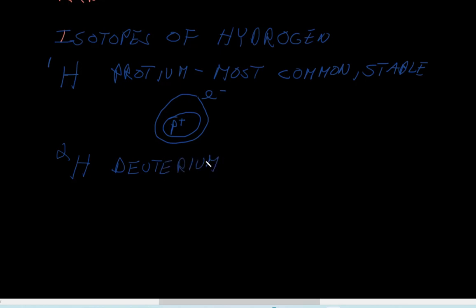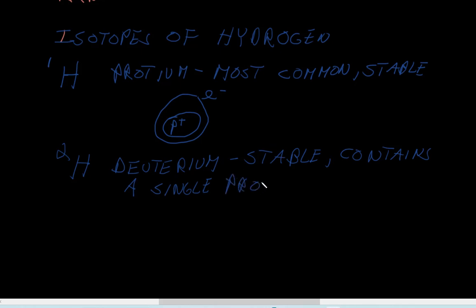This isotope is also fairly stable. And it contains a single proton, remember hydrogen has an atomic number of 1, and a single neutron.